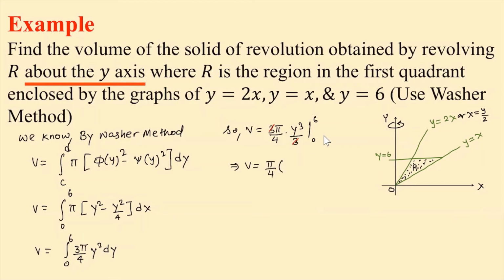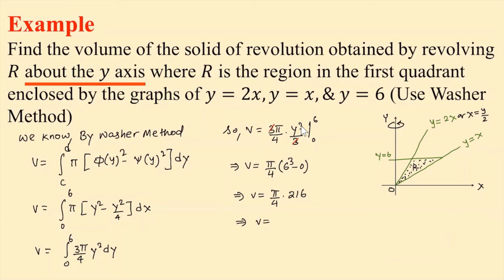And as we plug in the upper limit, it will be y raised to 3. So if we plug in the upper limit, it will be 6 raised to 3. Minus, if we plug in the lower limit, it will be 0 raised to 3, which is 0. The volume is equal to pi over 4 multiplied by 6 cubed, which is 216.